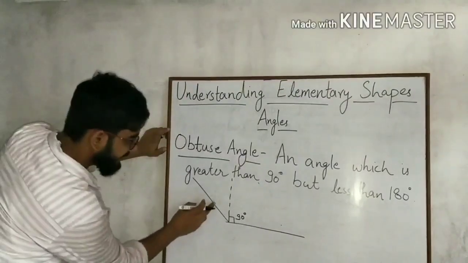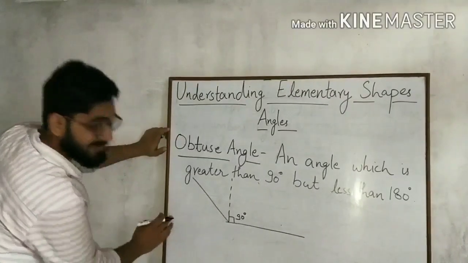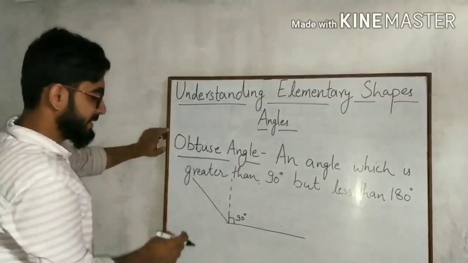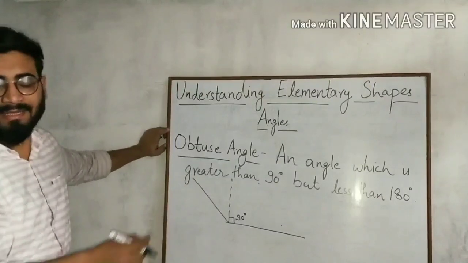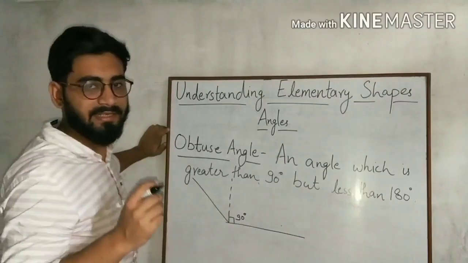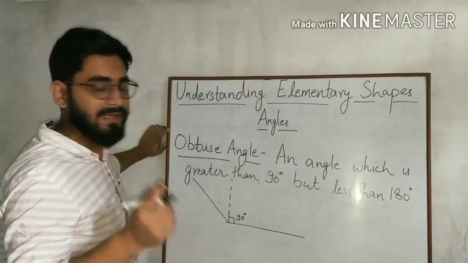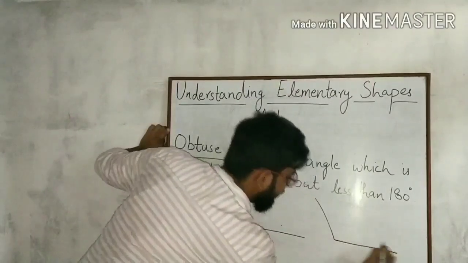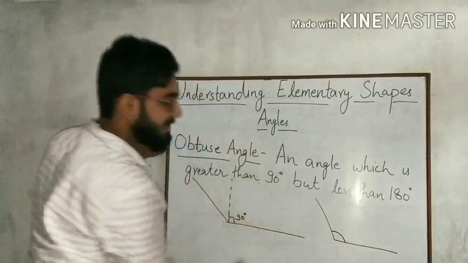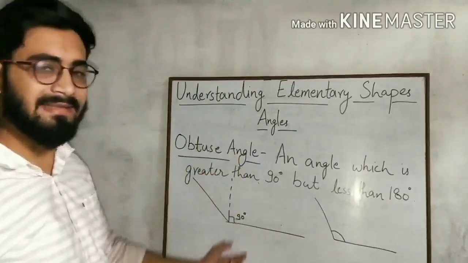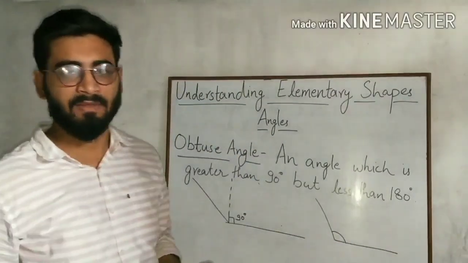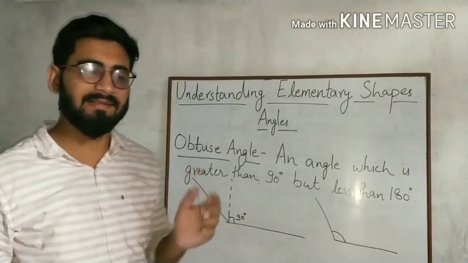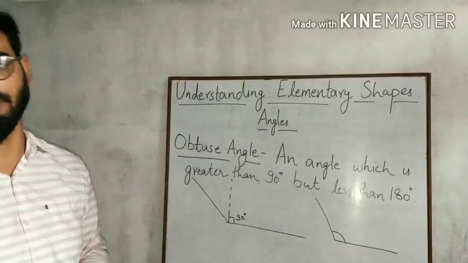If you draw here a straight line, that is 180 degree, then it is greater than 90 degree but less than 180 degree. Like this, this is obtuse angle. So an angle which is greater than 90 degree but less than 180 degree is known as obtuse angle.